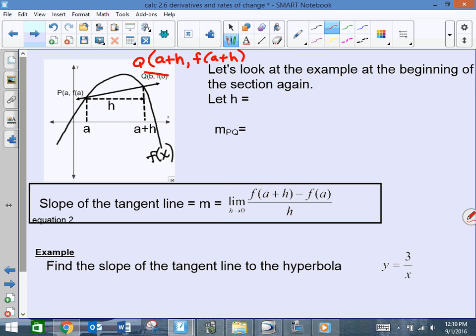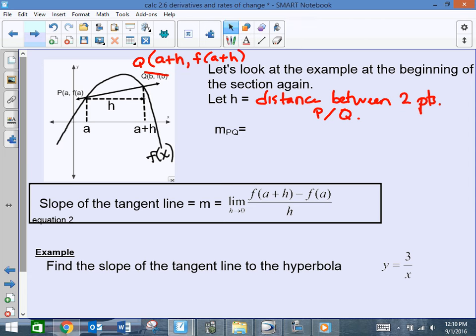H is the distance between the 2 points. It used to be A and B, but we changed it to be A and A plus H, okay?